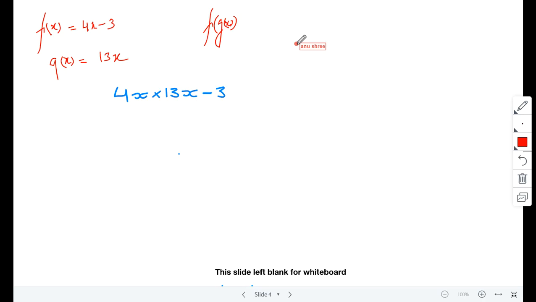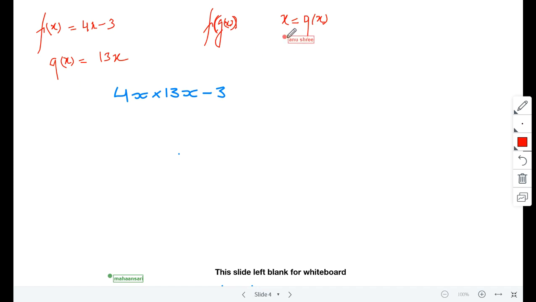The very beginning is, I told you, whatever is inside this bracket is equal to x. That means x is equal to g(x). Is this clear? And g(x) is given as 13x.